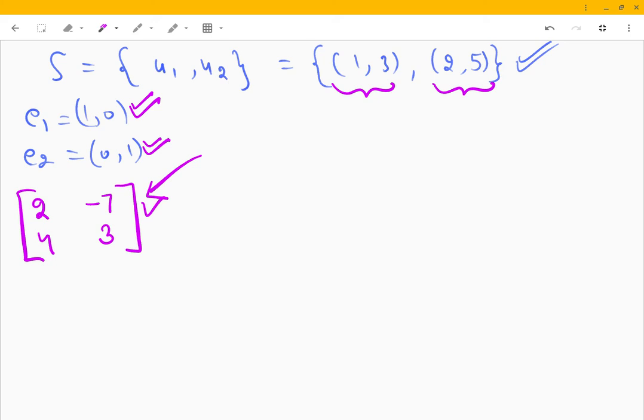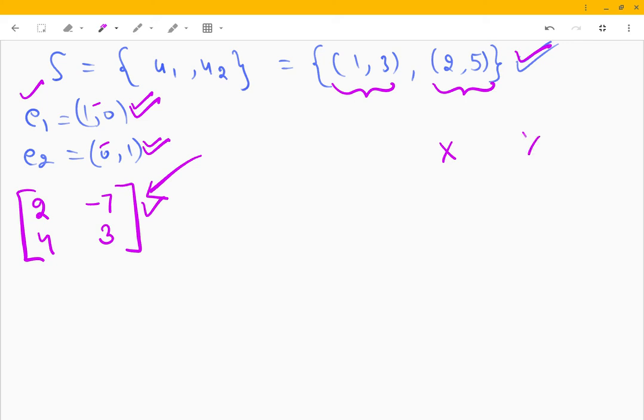Then what would be the transformation? Because we should still be able to map a given vector to the same vector, no matter if we use this basis or this basis. Any chosen vector in our domain, no matter which base vector we use to define that vector, should go to the same vector.